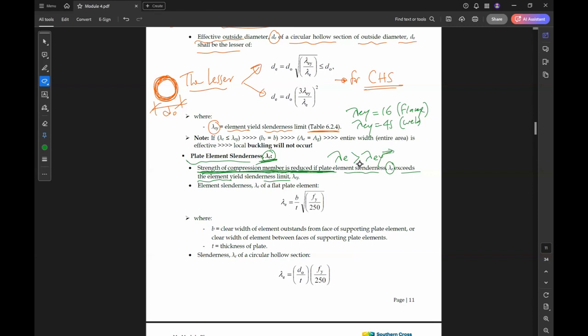When the slenderness exceeds the yield slenderness ratio, the strength should be reduced, because the member is susceptible to buckling.